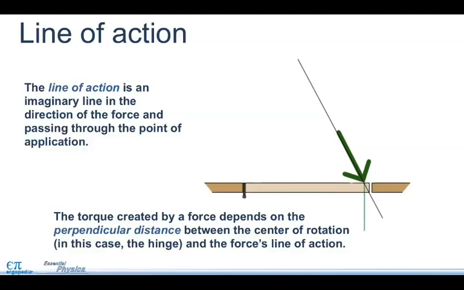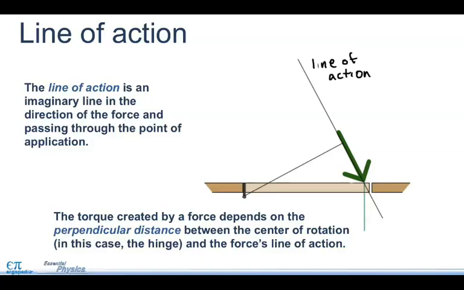Okay, so that is the line of action that goes through the force, and I'll label that for you. The perpendicular distance is the moment arm. So I need a line that goes through the pivot and is perpendicular to the line of action.